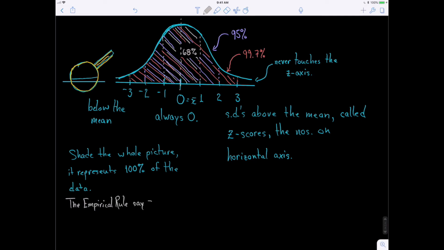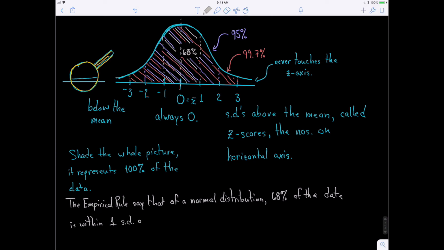The empirical rule says that of a normal distribution, 68% of the data is within 1 standard deviation of the mean. And it goes on.